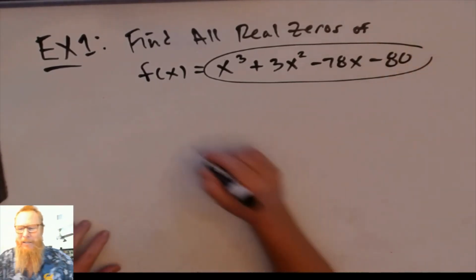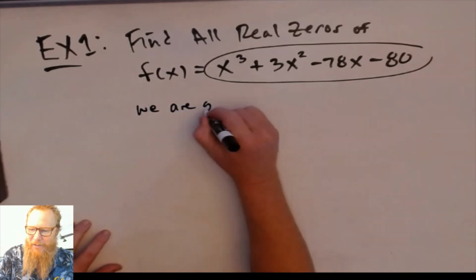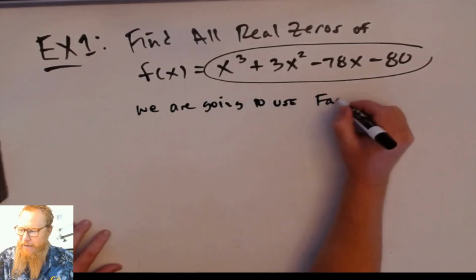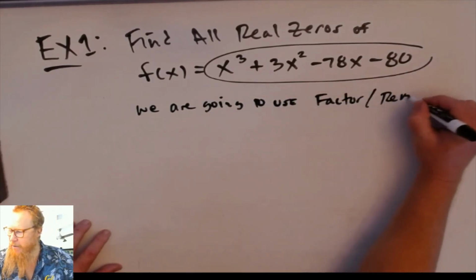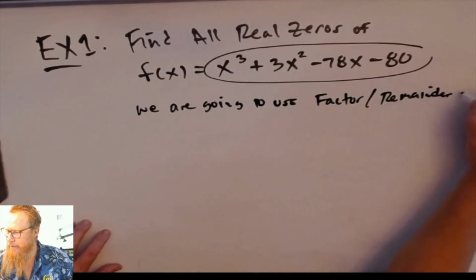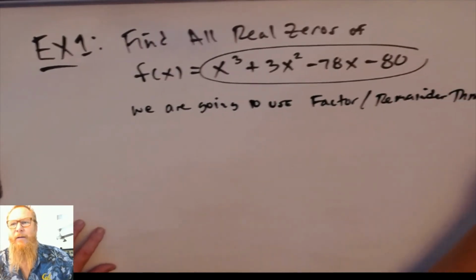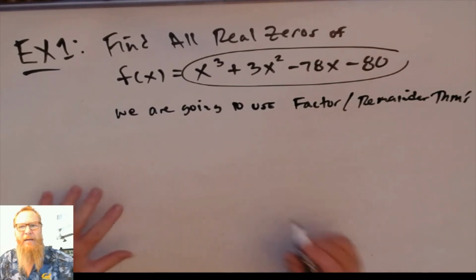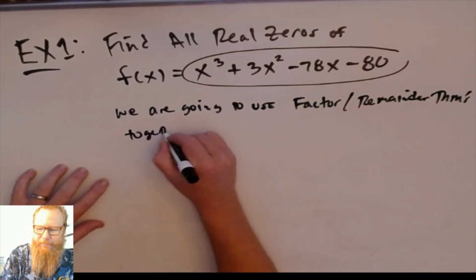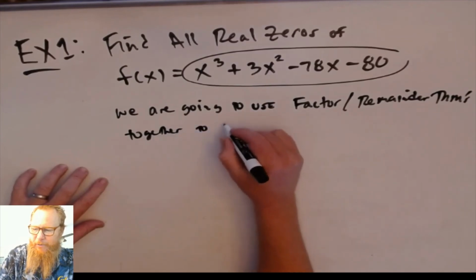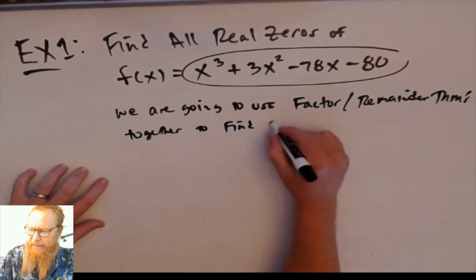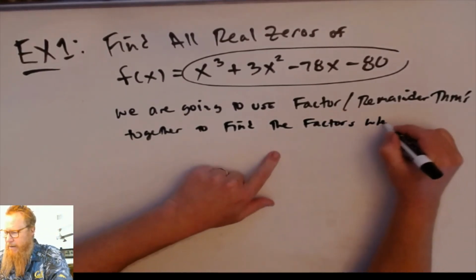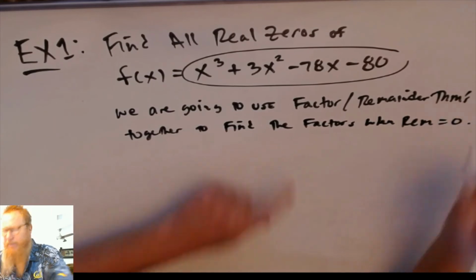And so what we're going to do is use the factor and remainder theorems. They kind of go together. It says theorems, that's my abbreviation for theorems. The factor and remainder theorems together to find the factors when the remainder is equal to 0.